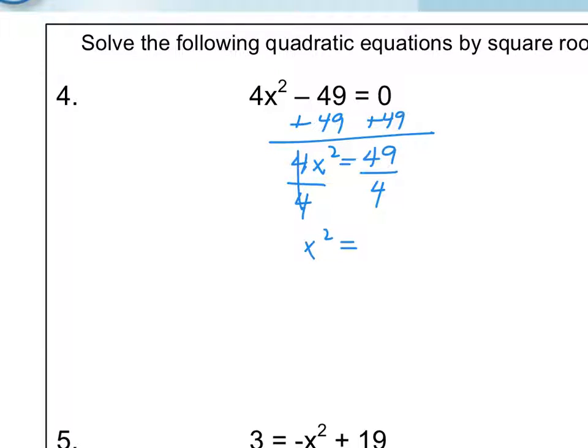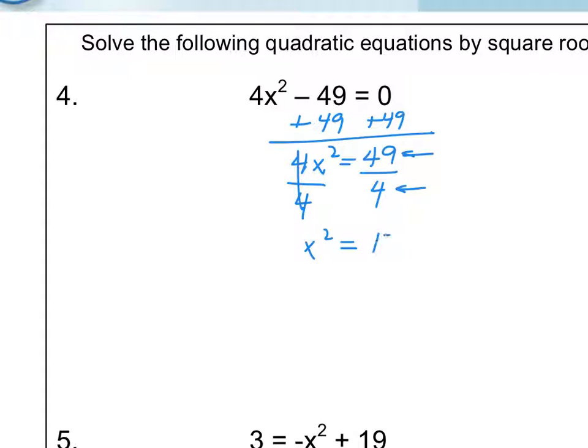And you'll notice that these two are both perfect squares. A lot of times they'll do this to you where they leave perfect squares in both of these. So I can do this one of two ways. I can leave it as 49 over 4, or I can divide it out. Since we're making them decimals, I'm going to go ahead and divide that out.